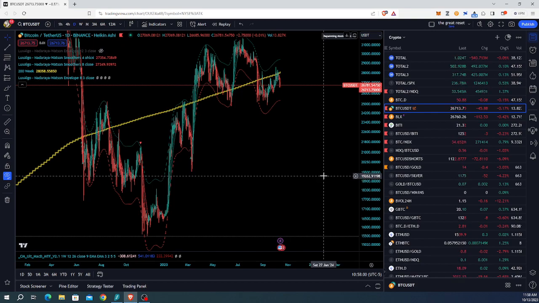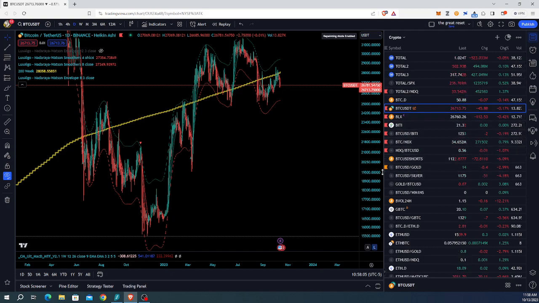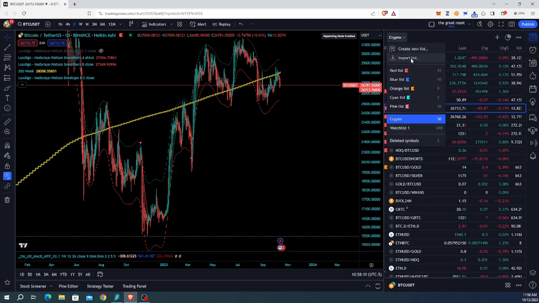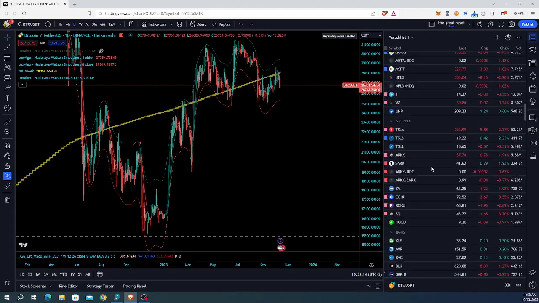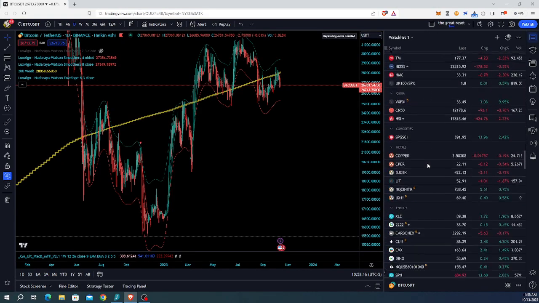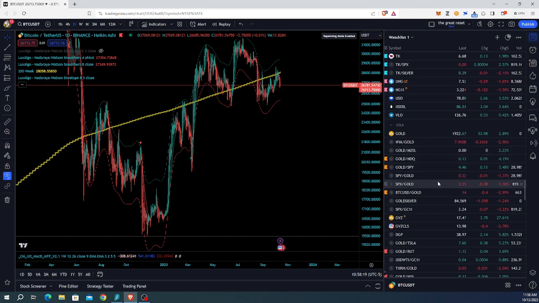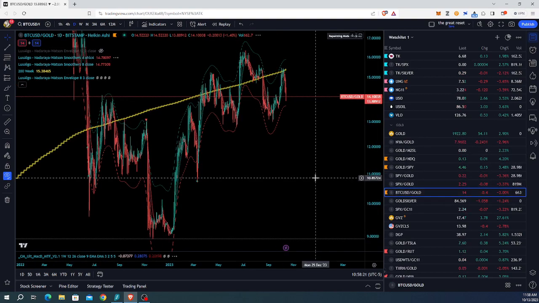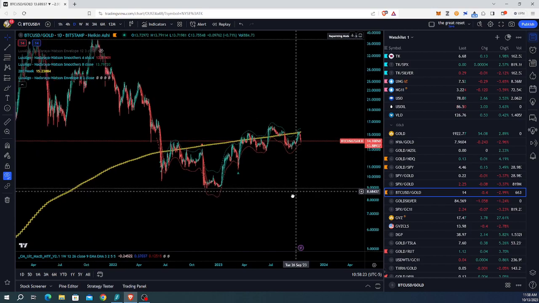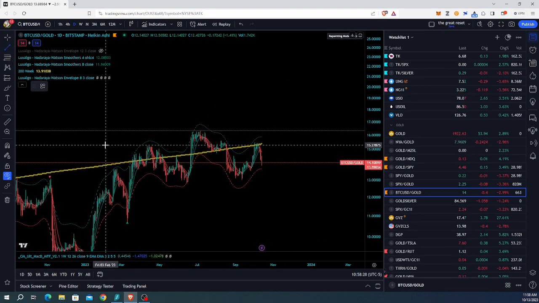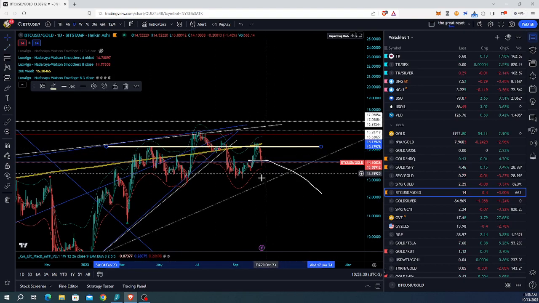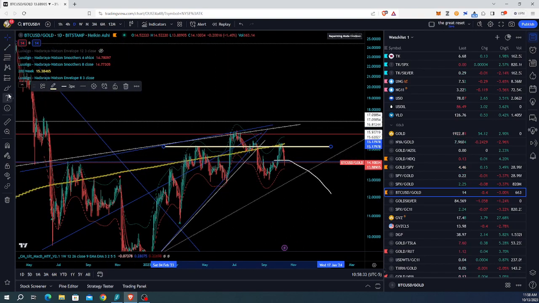Obviously, way up a bunch. But if we look at it in relative value against the NASDAQ, or go back to the main list and look at its relative value compared to gold, so here's 1 Bitcoin divided by an ounce of gold, this to me looks like a nice head and shoulders pattern getting set up right around this 200-week moving average.